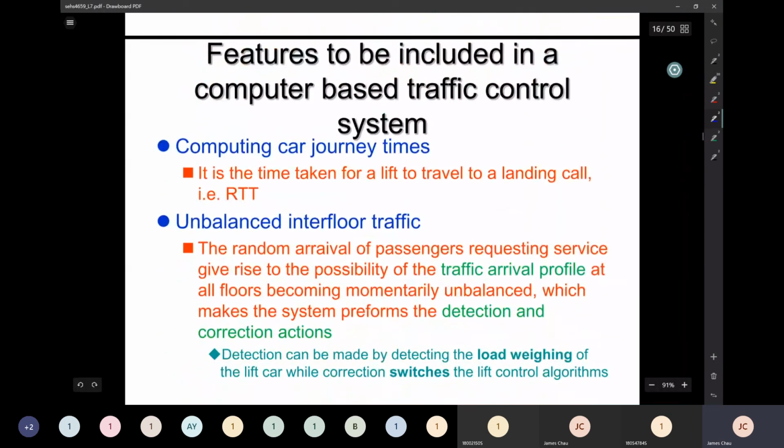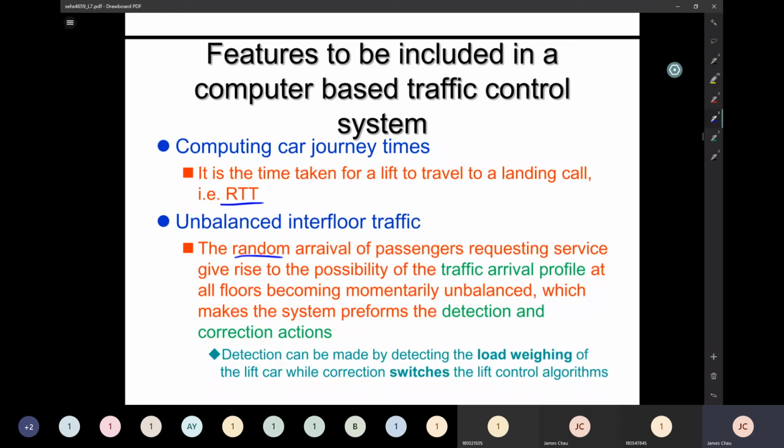Now here we tell you some features of the computer-based traffic control system. Firstly, we should compute the car journey time, which is the time taken for the lift to travel to a landing call. For example, you can calculate the RTT, the round trip time that we introduced last time. It can also deal with unbalanced interfloor traffic, since we know that the arrival of passengers is random and they request the lift service in a random manner.